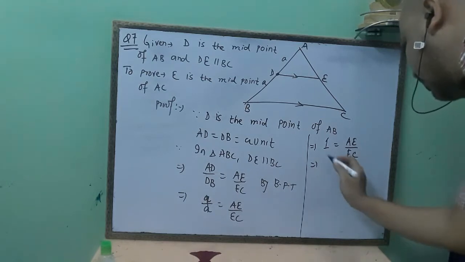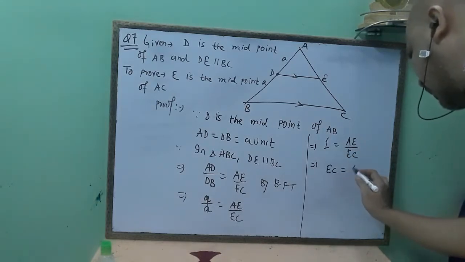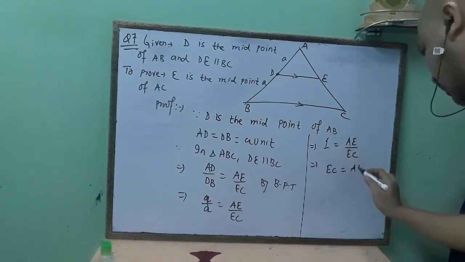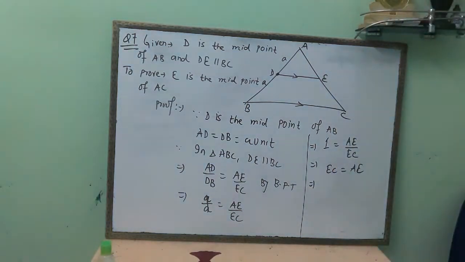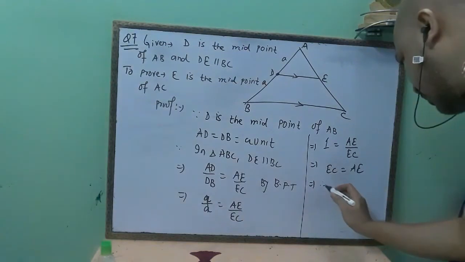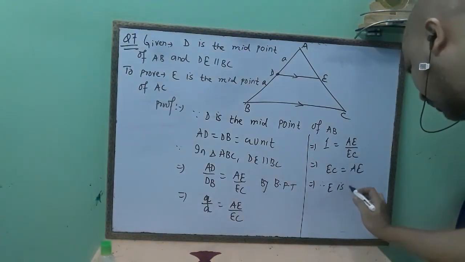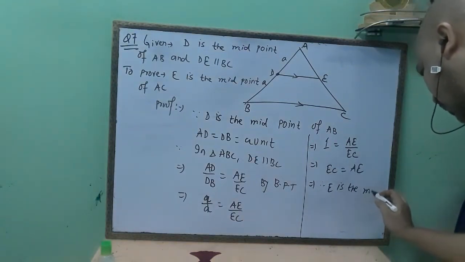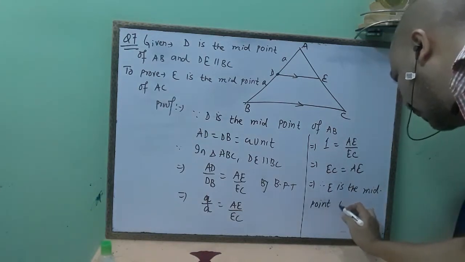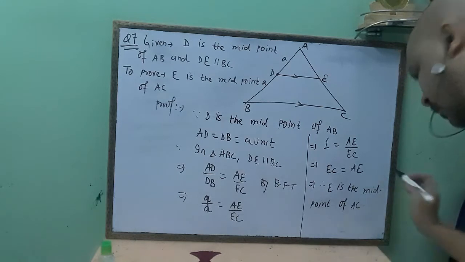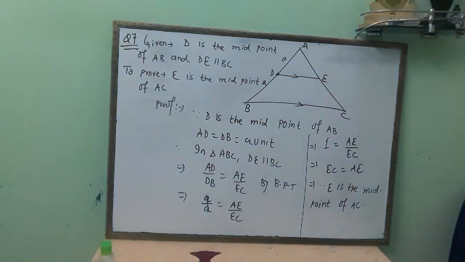After cross multiplication, we will say that EC is equal to AE. Now, if AE is equal to EC, then it is proved that E is the midpoint of AC. It is proved.